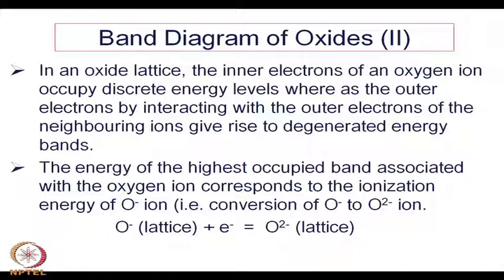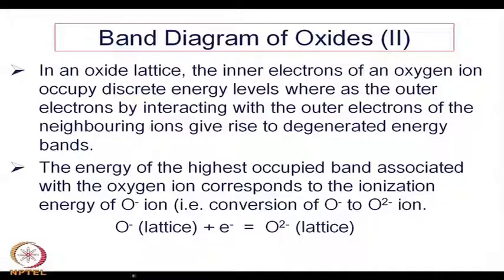The energy of the highest occupied band associated with the oxygen ion corresponds to the ionization energy of the oxygen ion. Of course, we are first considering what happens in the oxygen ions. We can also consider very similar things for the cations or the metal ions.